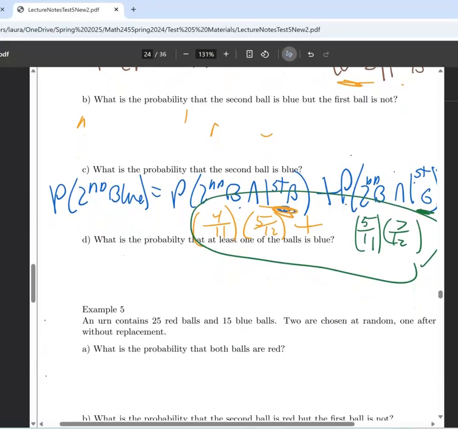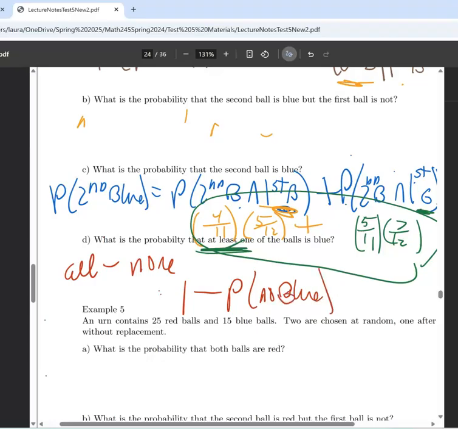Okay, what about at least? Oh, you remember the at least, right? The at least is all minus none. Okay, so all in probability land is 1 minus, how can I get the probability of no blue? That's what I'm looking for.